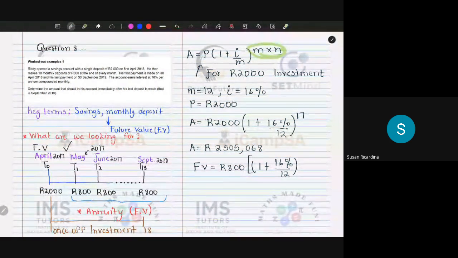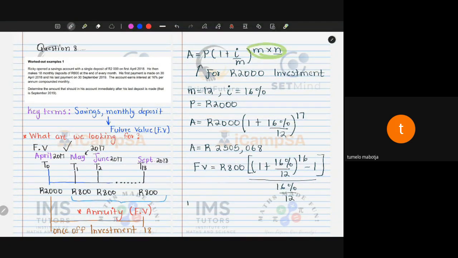So from May up to September, how many months is that, guys? 4 months. No, the September of the following year. 16 months. 16. Yep. Minus 1 divided by 16% divided by 12.